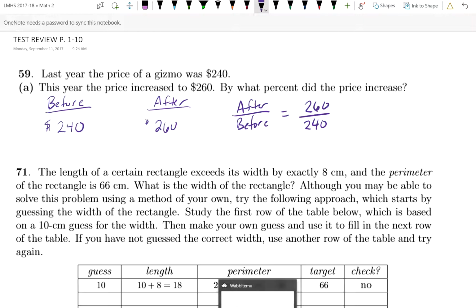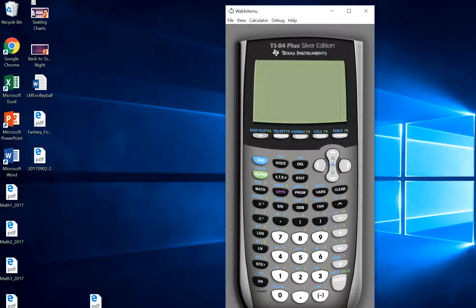We'll do that here. Let's turn that on. $260 divided by 240, and you get 1.08. Okay, so we got 1.0833. That 1 represents what? 100%.